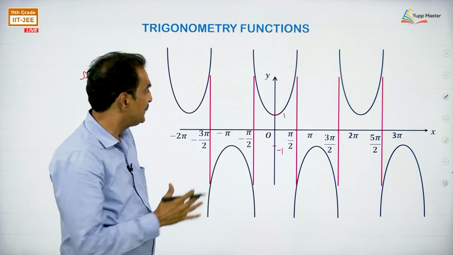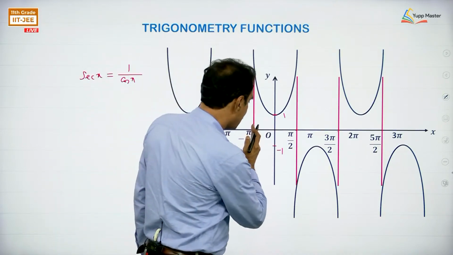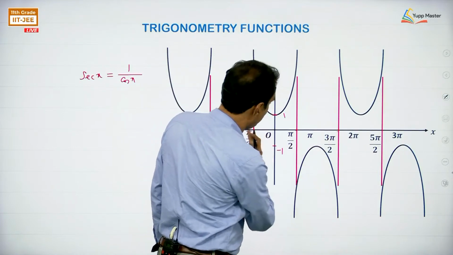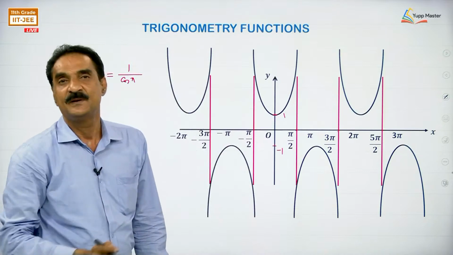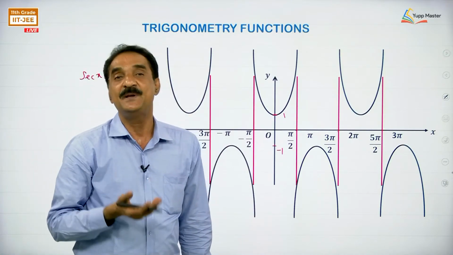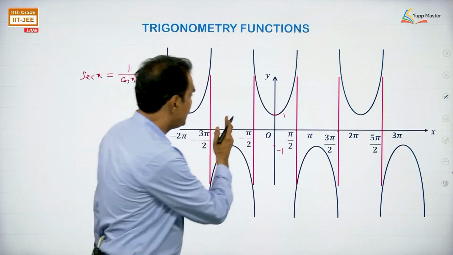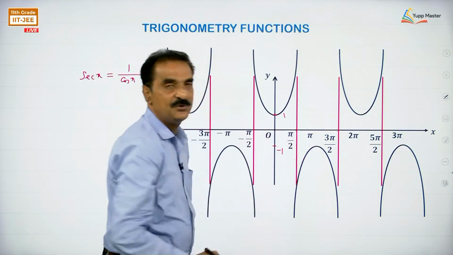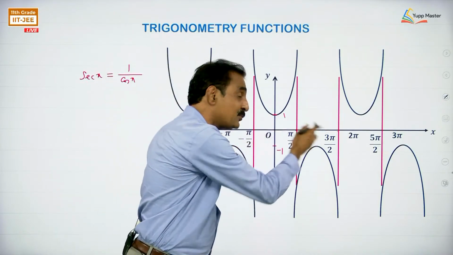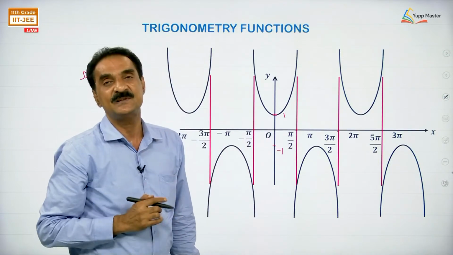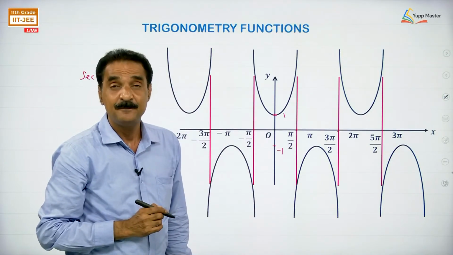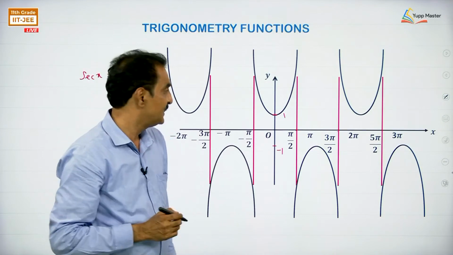And you can observe that whatever graph is there from minus pi by 2 to 3 pi by 2, the same graph is repeating, left side, right side. So, clearly it is a periodic function, and the length of this interval is how much? 2 pi. Minus pi by 2 to 3 pi by 2, the length of the interval is 2 pi. So, secant x is a periodic function with period 2 pi.